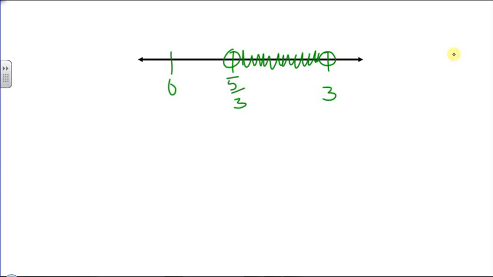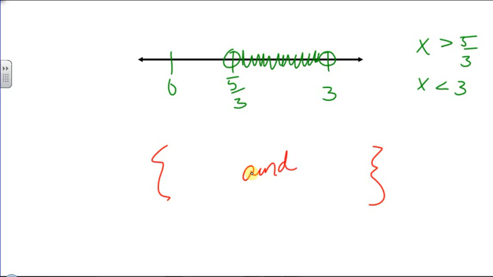Now we had a statement that said X is greater than 5/3. We had another statement that says X is less than 3. So when we see it shaded like this, we're going to write an and in the middle. And then we'll say X is greater than 5/3 and X is less than 3.